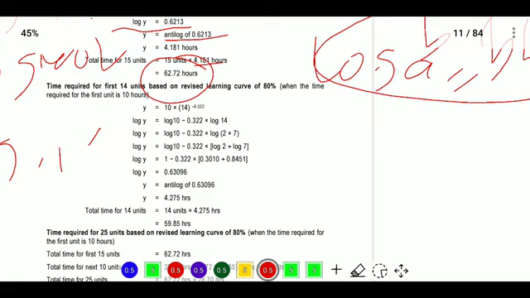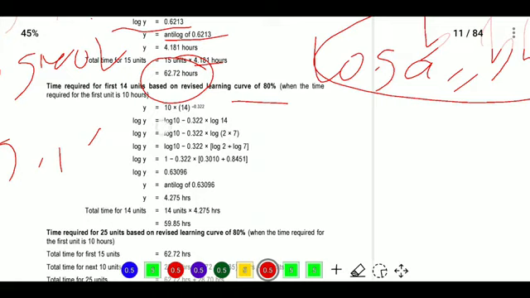So 10 hours for the first unit, into 14 units, based on the revised learning curve, that is 80%. This is 80%. Budgeted was 90%, but we will not go with budgeted, we will go with actuality.